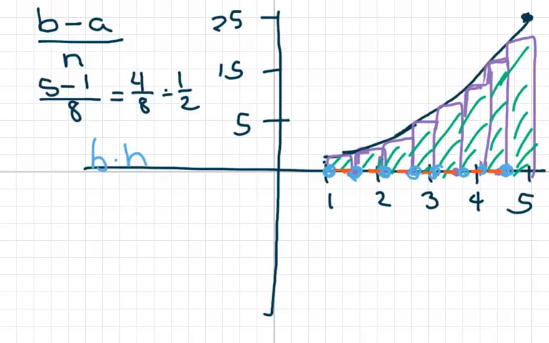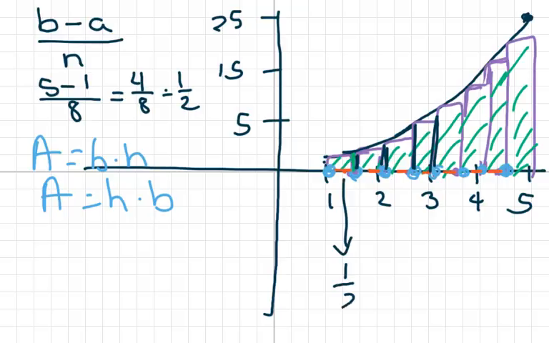And in this case, really what we're doing is height times base. All we need to find is these heights in here, because we already know our base. So recall, all of these units in here are 1/2.